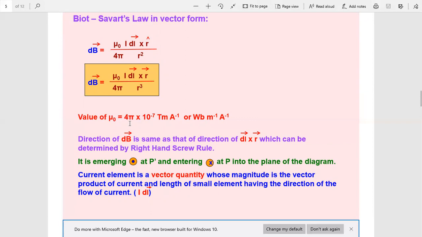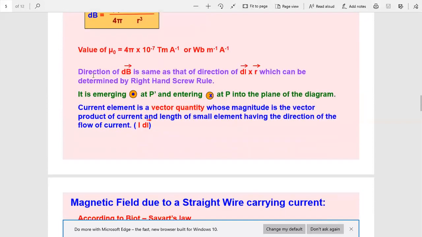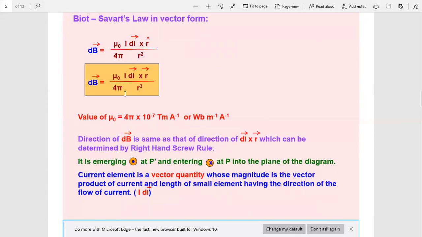Mu naught has a numerical value of 4 pi into 10 to the power minus 7 Tm, that is Tesla meter per ampere or Weber per meter per ampere. Now, as we see, Biot-Savart law is expressed as a vector product of two vectors, the current element vector and the position vector.